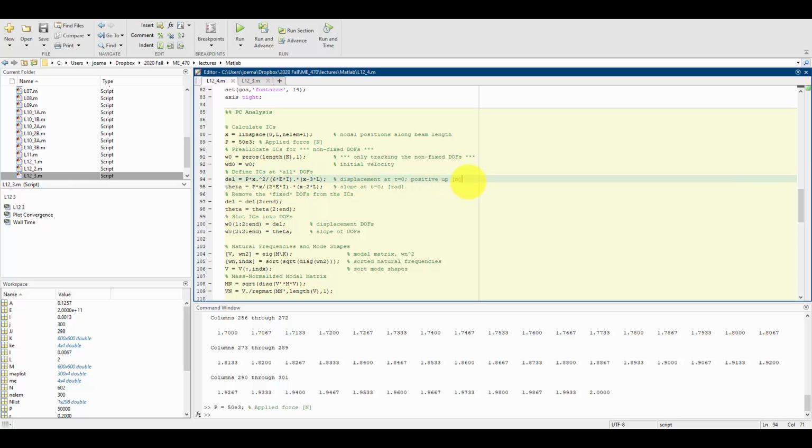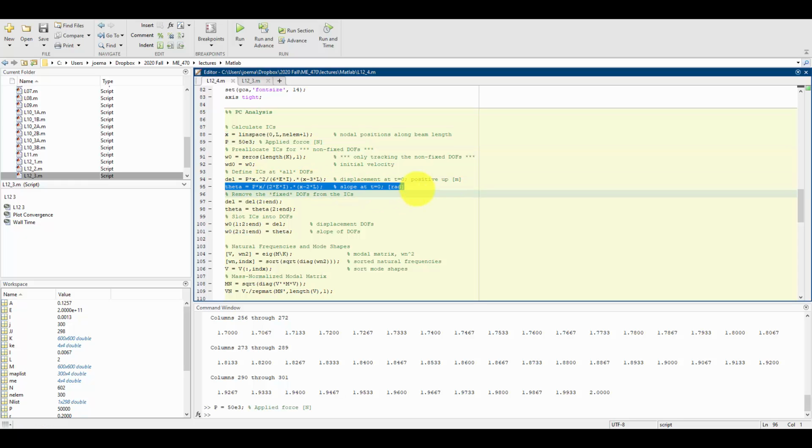Now I want to define my initial conditions for all of my degrees of freedom. Here I am counting every node when I'm doing this, and we'll see how that changes in the next step. So delta is going to be the initial deflection, or the initial vertical displacement of every node. And here I'm using that equation from the static beam equation, the P x squared over 6EI times the x minus 3L. So that's for every node, because x is representing the location of every node. That's what delta is giving us.